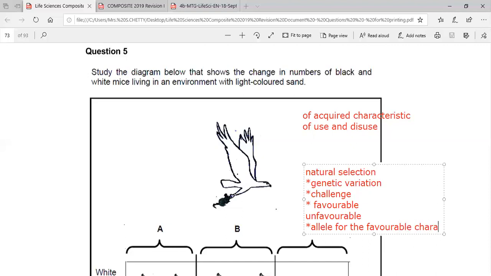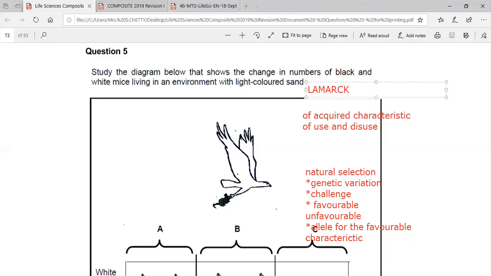And so you would have many more with this favorable characteristic amongst the offspring, until generation after generation, you will have all of them with that favorable characteristic. So this one here would be Lamarck. And this particular one of natural selection would be Darwin.